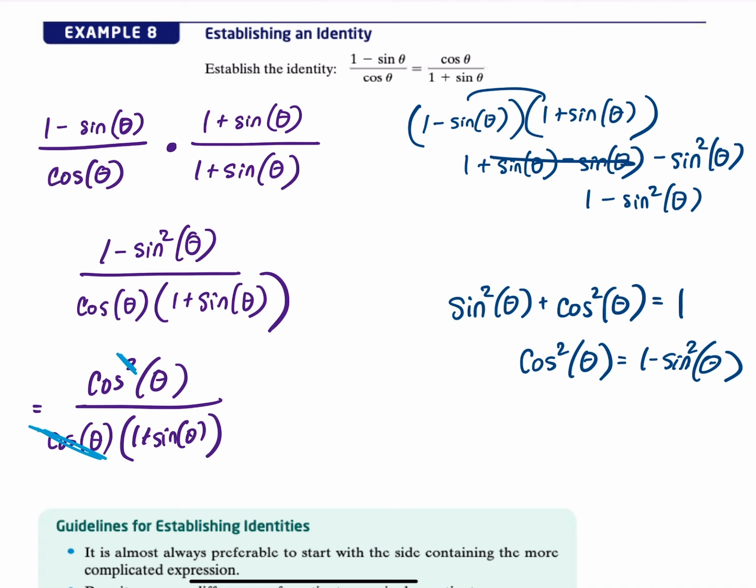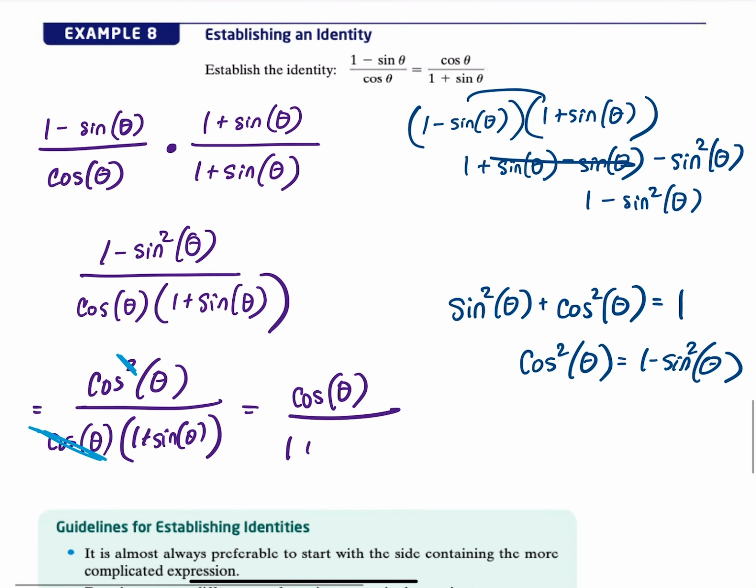And we get our right-hand side. We get the cosine of theta over 1 plus sine of theta, which is our right-hand side.